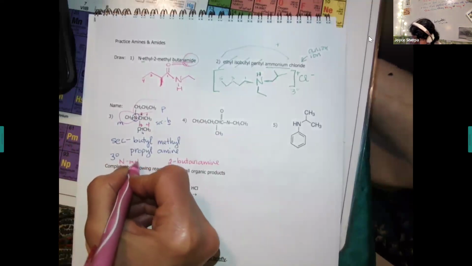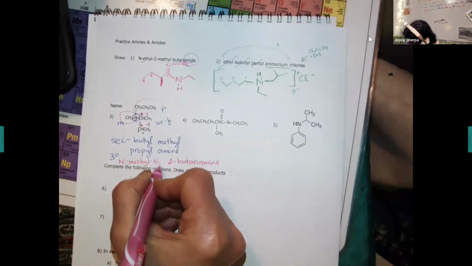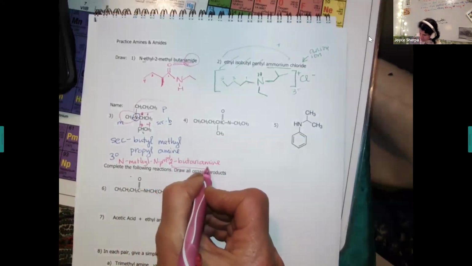And then these become side groups, and they have to get the letter N. So this is the IUPAC way where we'd say N-methyl. I like the common way. It's like we did with the ethers where you just name what's around it. N-methyl, N-propyl. And then you tell me the amino group is on carbon number 2. And then it's called an amine.